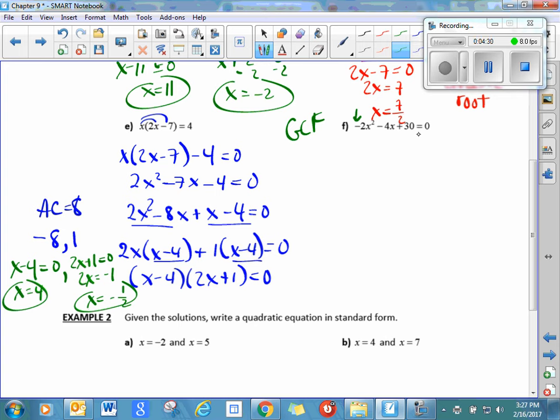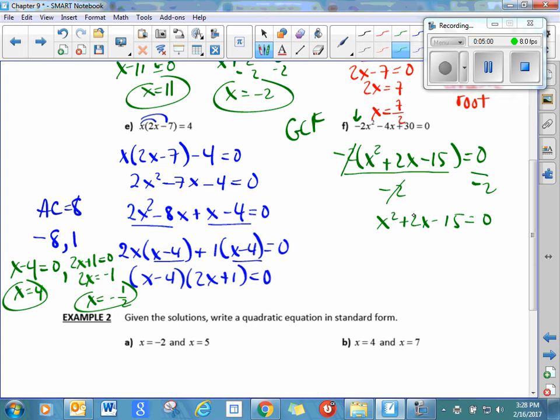There is a GCF in these three terms, and I'm going to pull out the negative 2. So what's left is x squared plus 2x minus 15, all equal to 0. Now, I can get rid of this negative 2 by dividing both sides by negative 2. That goes away, and I end up with x squared plus 2x minus 15 still equaling 0.